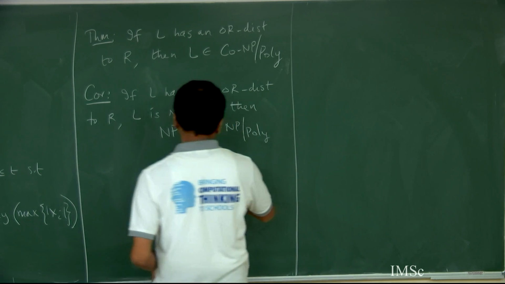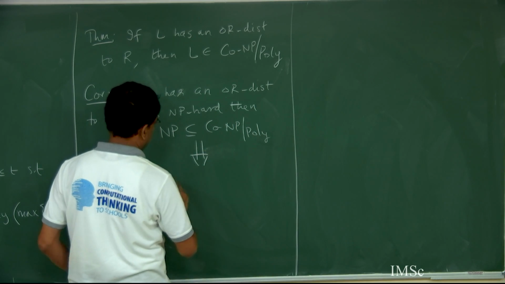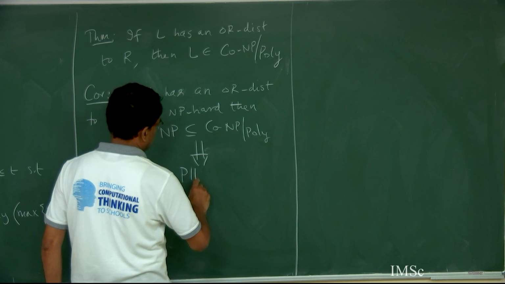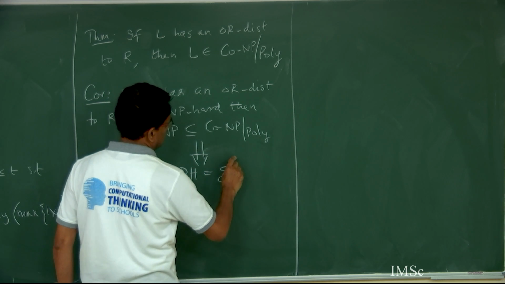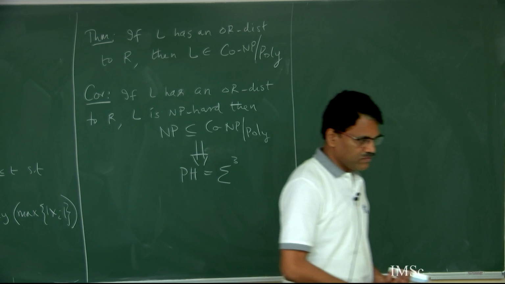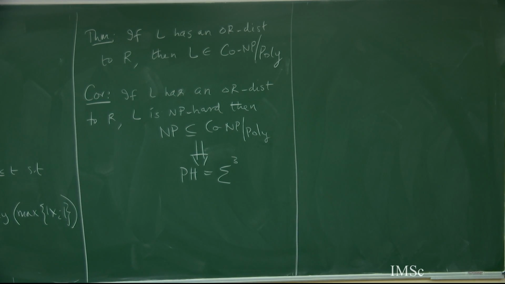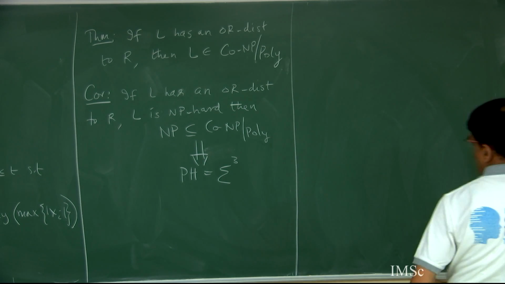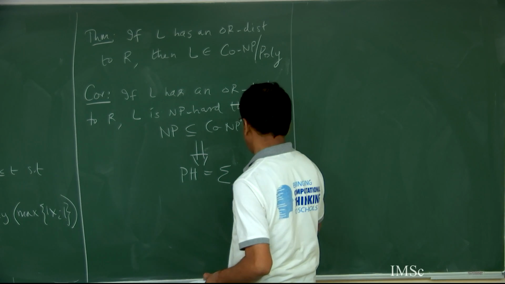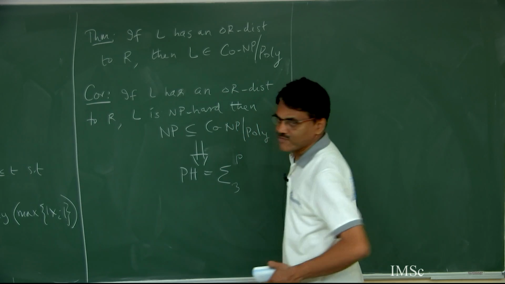because a consequence of this is that the polynomial hierarchy collapses to the third level, which people do not believe.